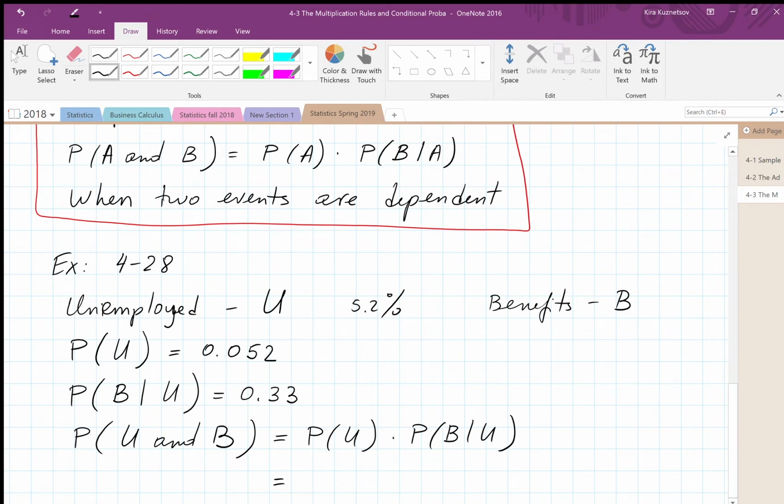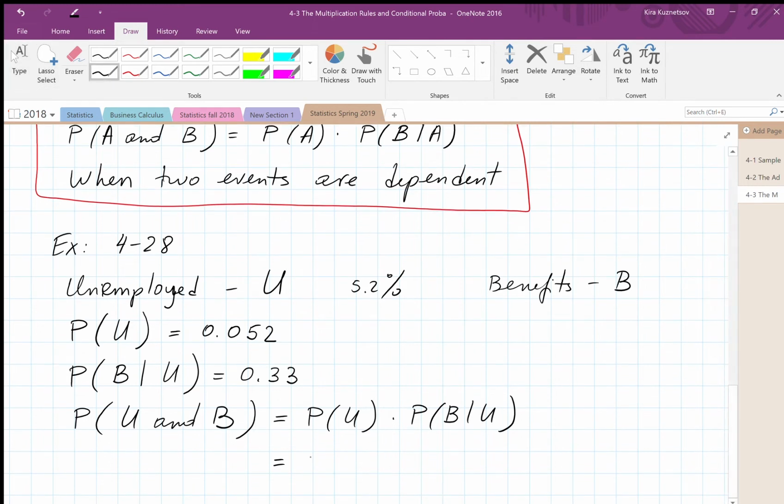If I have this formula right here, that means that I want to write this down this way. This is just 0.052. This is just 0.33. And it becomes a calculator problem.